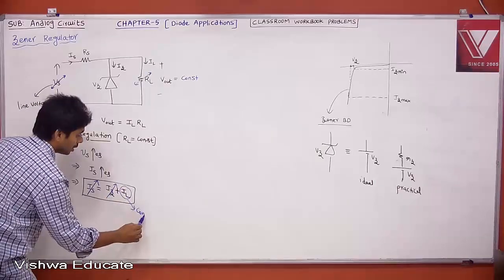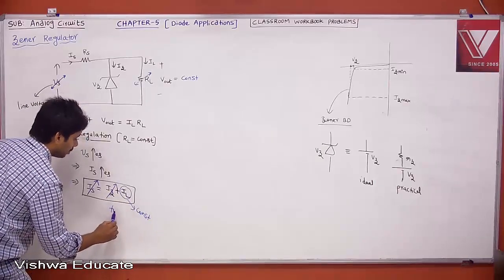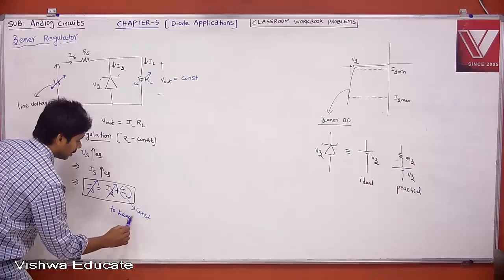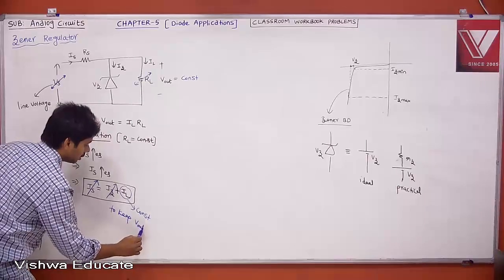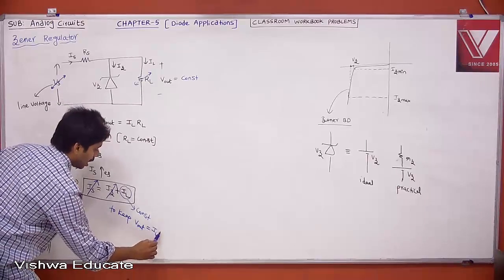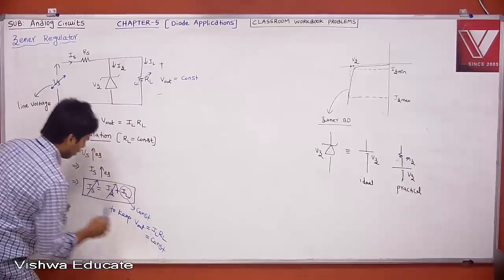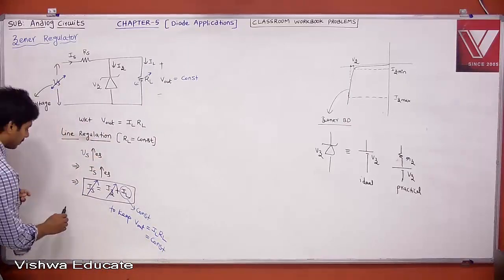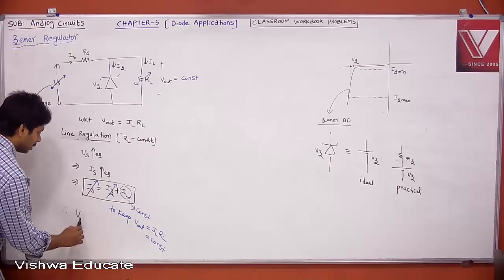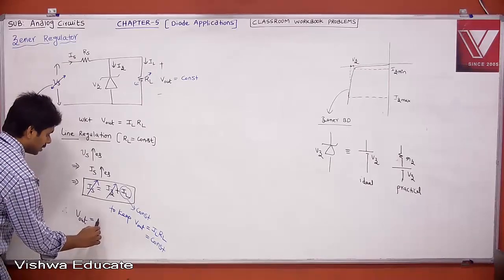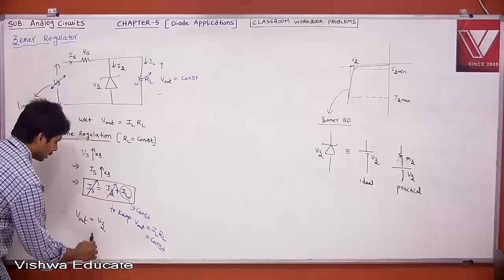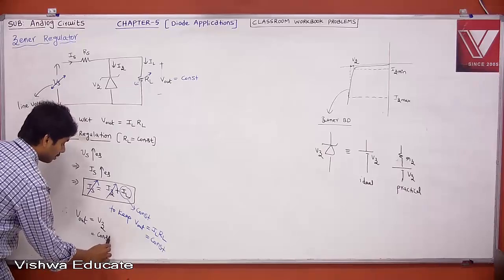To keep Vout equal to IL into RL constant, your Vout is VZ, which is constant. That is kept constant by your Zener diode.